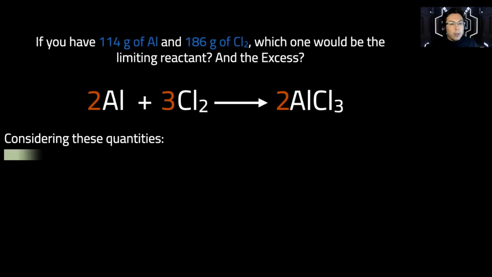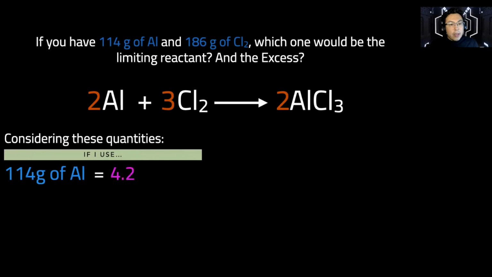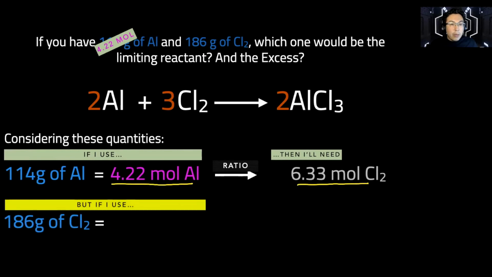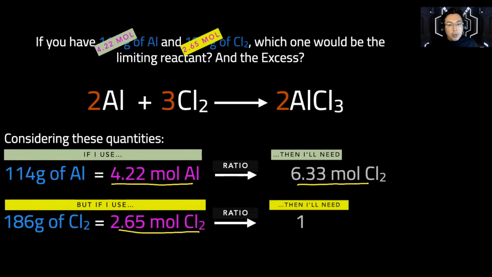In this other way, you put the information that you're provided by the problem and find the ratio, and find out that if I use my entire stash of aluminum, I will need 6.33 moles of chlorine. For scenario 2, I would have the entire stash of chlorine being used and I will require 1.76 of aluminum.